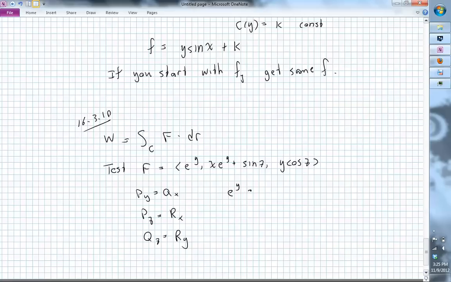E to the y. Qx, e to the y. Good. Pz, 0. Rx, 0. Qz, cosine z. Ry, cosine z. So this is conservative.